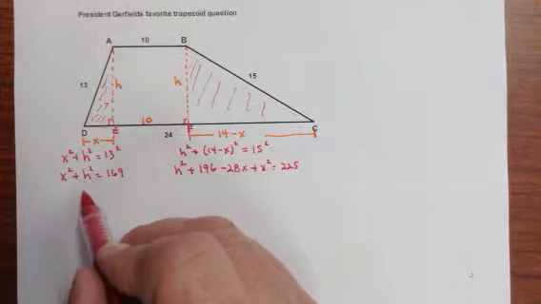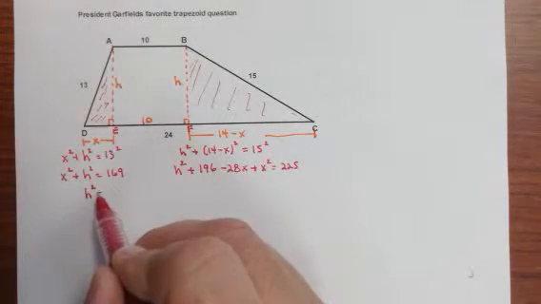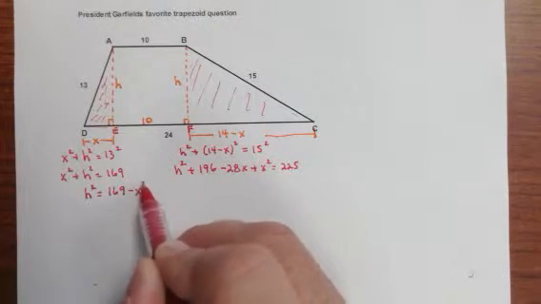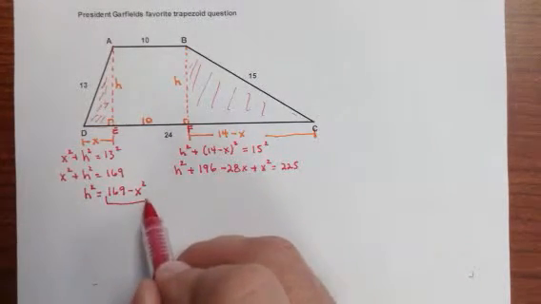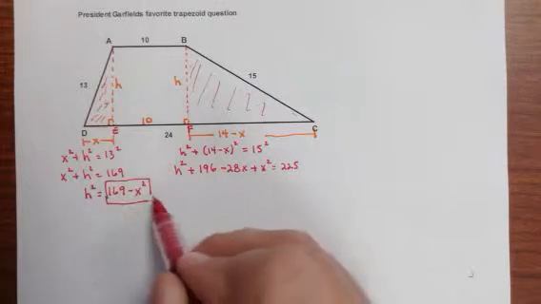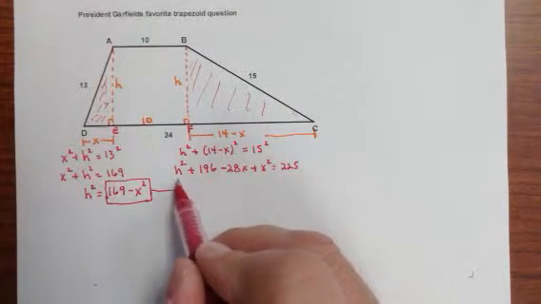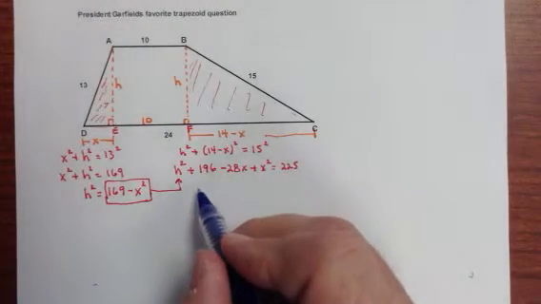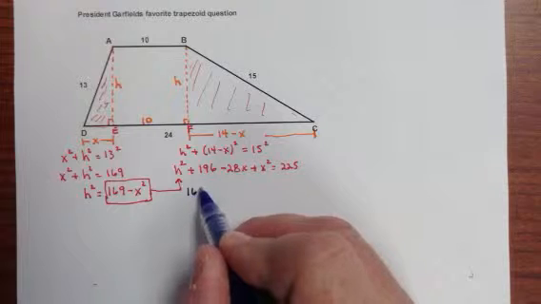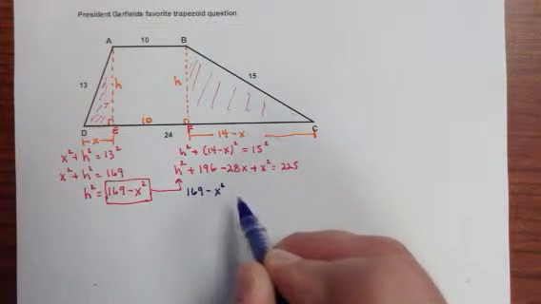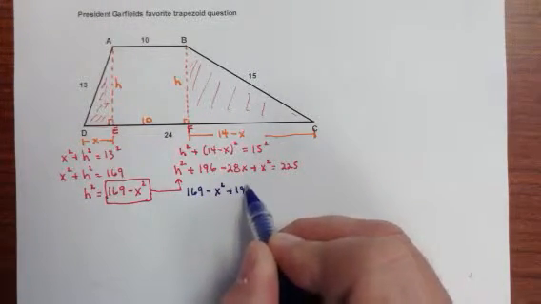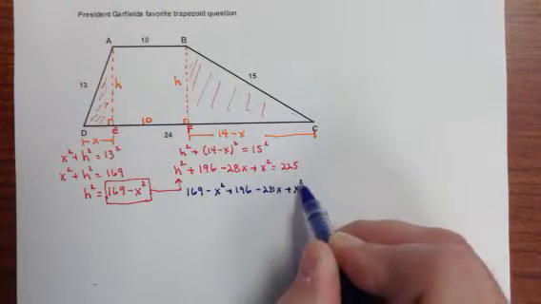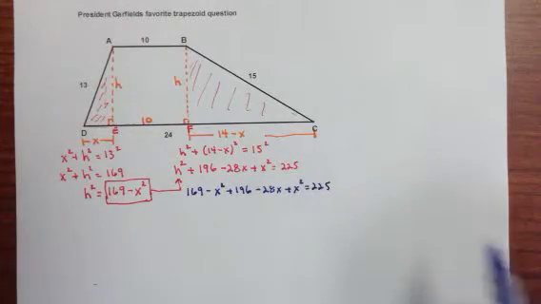What I'm going to do over here is solve for h squared. So h squared would be 169 minus x squared. So I can take this 169 minus x squared and substitute it in for the h squared. And I would have 169 minus x squared plus 196 minus 28x plus x squared equals 225.